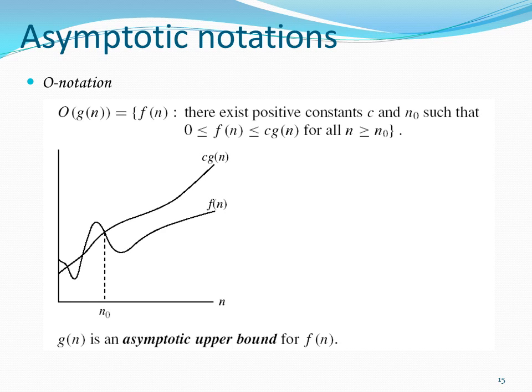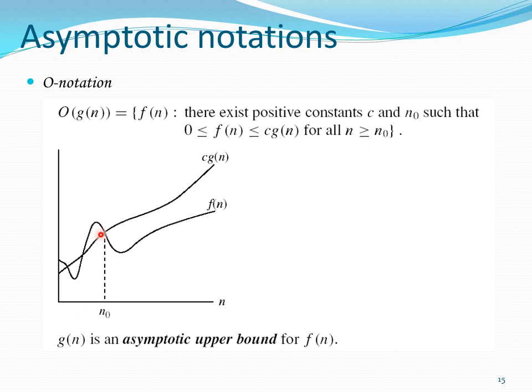Notations. Big O notation. Let f of n, g of n be the two functions. f of n equals order of g of n if there exists a positive constant c and a non-negative integer n0 such that 0 less than or equal to f of n less than or equal to c g of n for all n greater than or equal to n0.